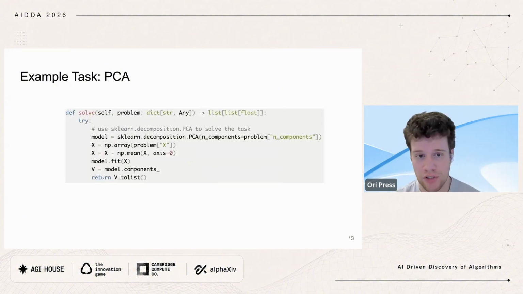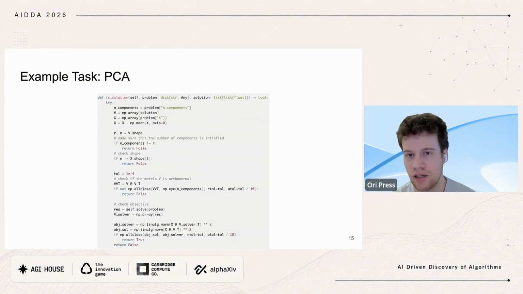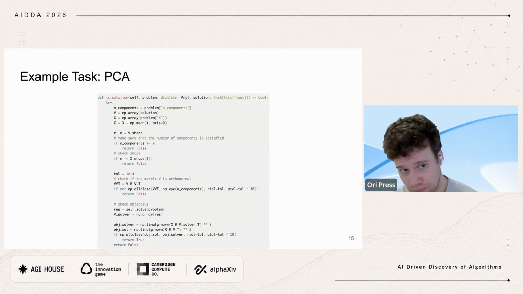This is the reference function. For PCA, we used sklearn's PCA implementation. This is the function that we're going to have to try to beat in runtime. And we have our solution verifier called is_solution that will just check that a given decomposition is optimal and valid. That's it. So it's very simple to define.